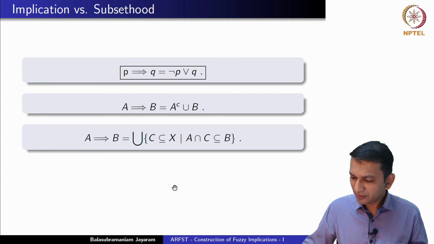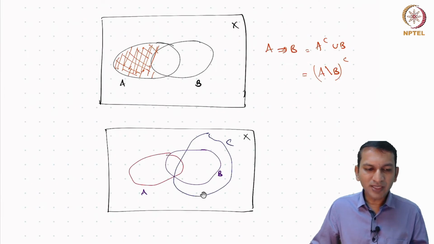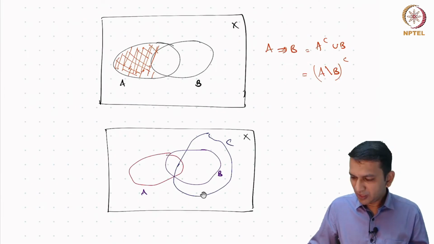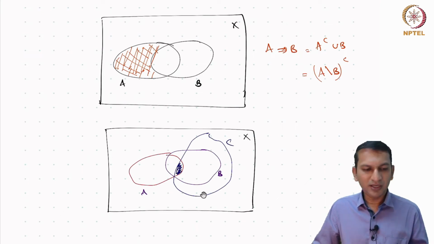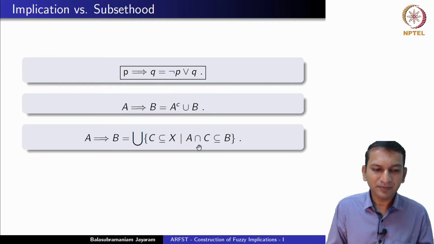So let's look at this C. Now, what is A intersection C? Really this part. Is this contained in B? Yes, it is contained in B. So this C actually could be considered in this family here.